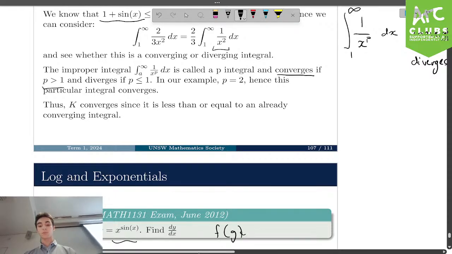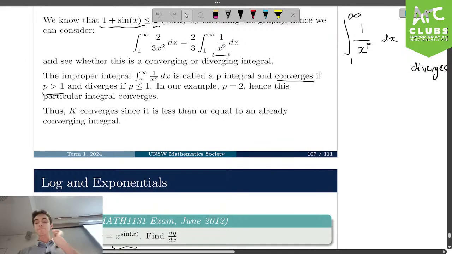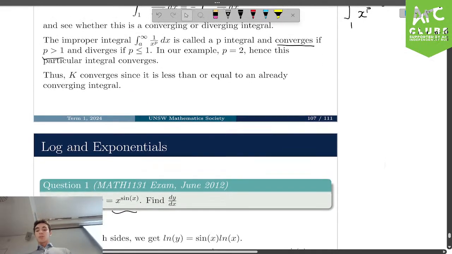Actually, correction, no, it is not. And that's why we need to apply this logarithm trick to actually find out what this will be, okay? So, the solution is just taking the logarithm of both sides.